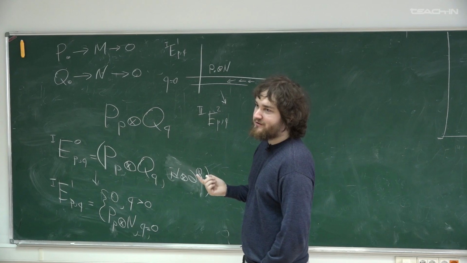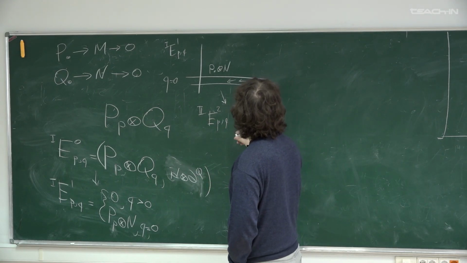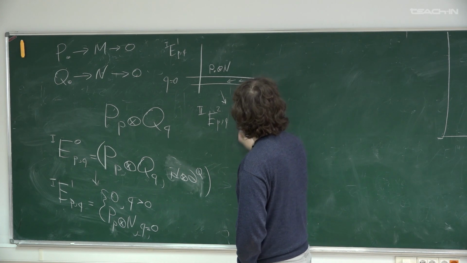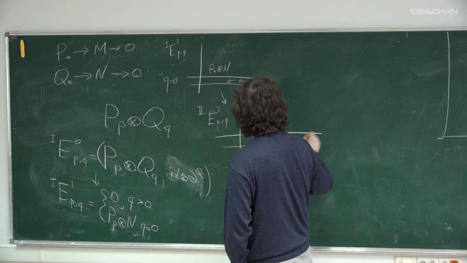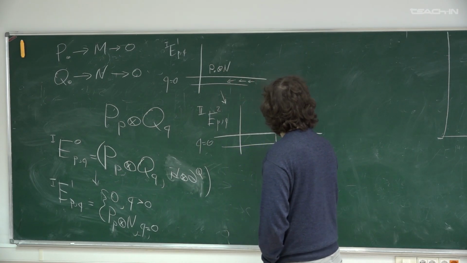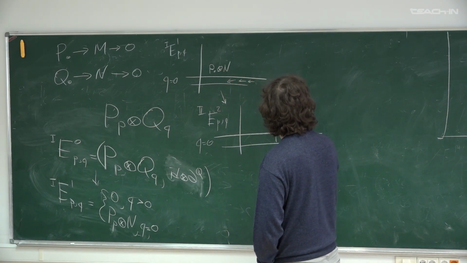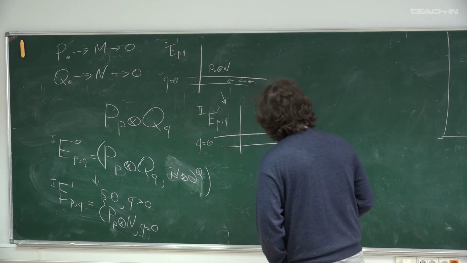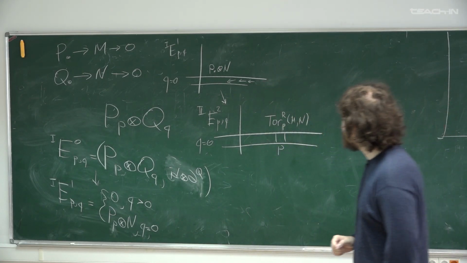Now it's Tor in each degree, Tor between M and N. So the second page is the same row, the 0 row, and in place p I obtain Tor_p of M and N.